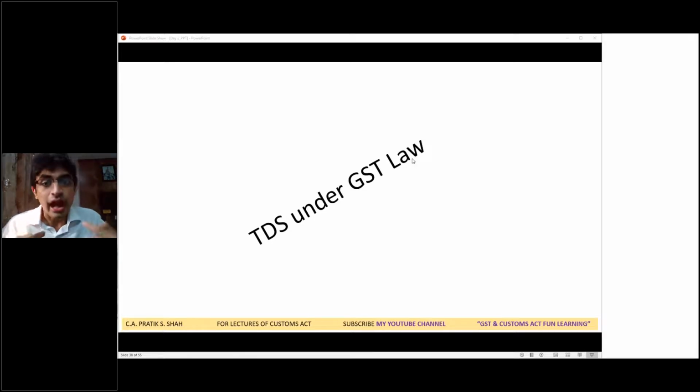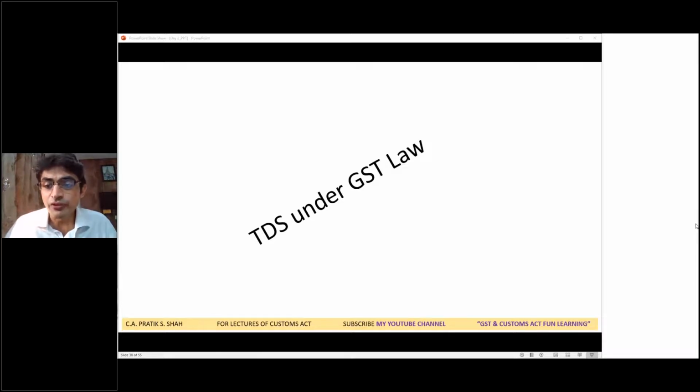Then I am compulsorily required to get registered. So suppose I am Ola, you people are say drivers. You people are using Ola to get the cabs and all booking. Ola will have to get compulsorily registered in GST. So whoever the e-commerce operators are, they are required to get compulsorily registered in GST. Only that is the point.